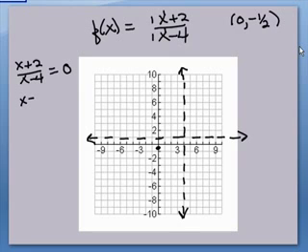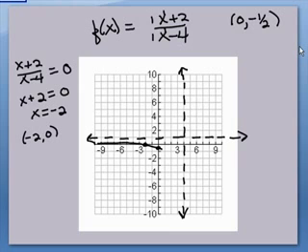What makes that equal to 0 is negative 2. So our x-intercept is negative 2, 0. So we have this point here. I would expect you to be able to show everything I have graphed there without a calculator: the asymptotes, x and y intercepts if we have them. Okay. So you could look on your calculator and see, but this will give you a fairly good picture of this one.